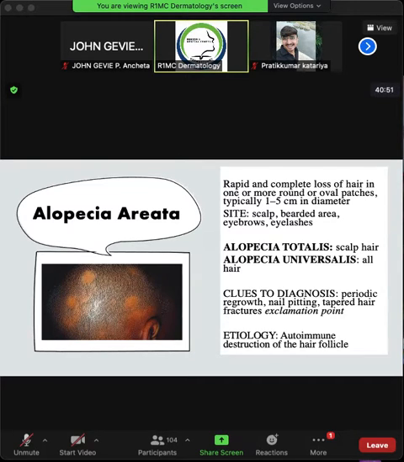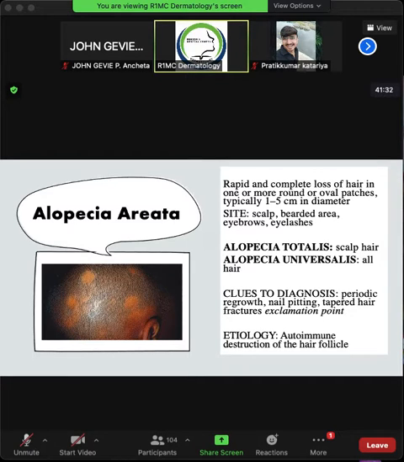First is your alopecia areata, which is characterized by rapid and complete loss of hair in one or more round or oval patches, typically 1 to 5 centimeters in diameter, usually on the scalp, bearded areas, eyebrows, eyelashes, and less frequently on other hairy areas of the body. Complete loss of scalp hair is referred to as your alopecia totalis, and complete loss of all hair is your alopecia universalis.